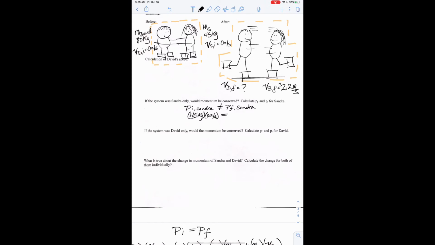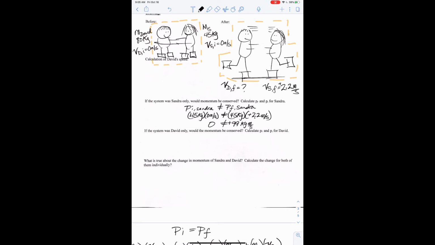And finally, she had 45 kilograms times positive 2.2 meters per second. So we're seeing that 0 initial does not equal 99, and this is a positive 99.